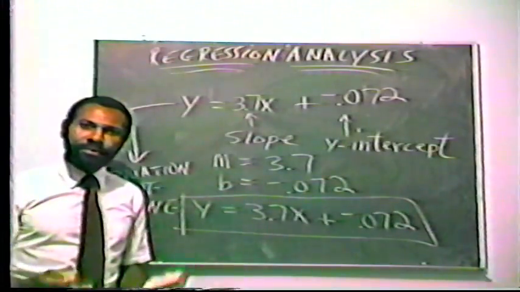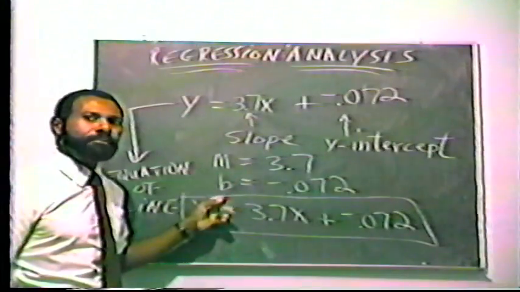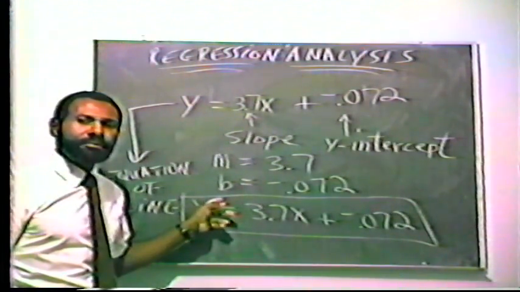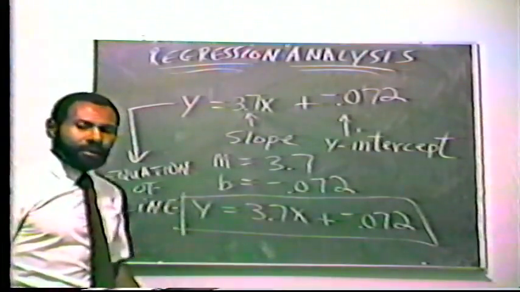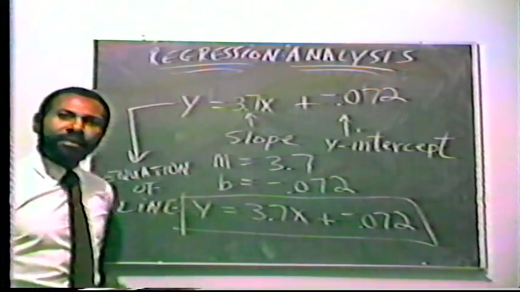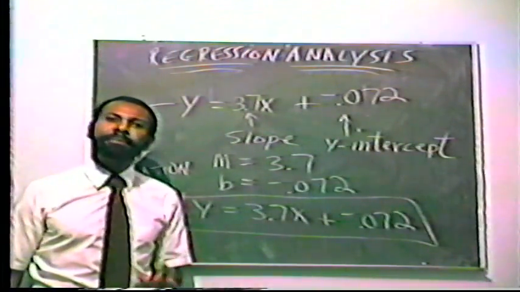So all you need to do is come up with the numbers for m and b, and then you can write the equation of the line. Now what mathematicians and statisticians have done is give us formulas for finding m and b.